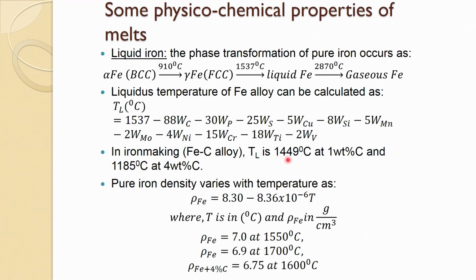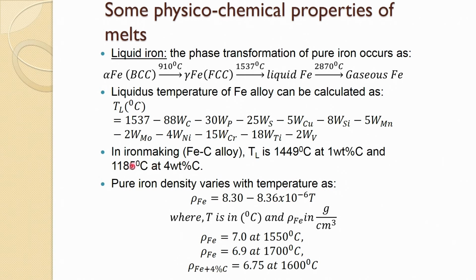to 1449 degrees Celsius, and if it is 4 weight percent carbon, as you know in the blast furnace, especially in the lower part of the blast furnace or in the hearth, there is lots of carbon. So, it is a carbon saturated melt.